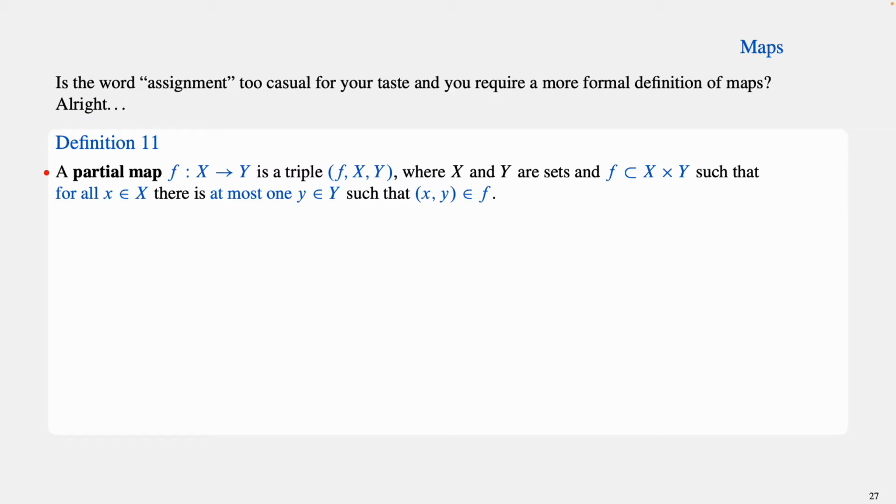A partial map f from X to Y is a triple (f, X, Y), where X and Y are sets, and f is a subset of the Cartesian product of X and Y, with the following property, that for all elements x in the set X, there is at most one element y in the set Y, such that the pair (x, y) is contained in this subset f of the Cartesian product.